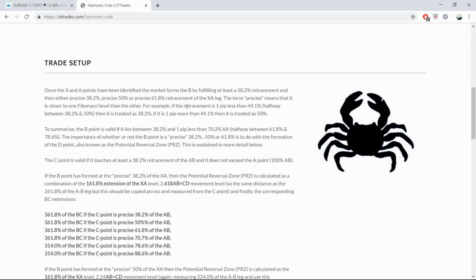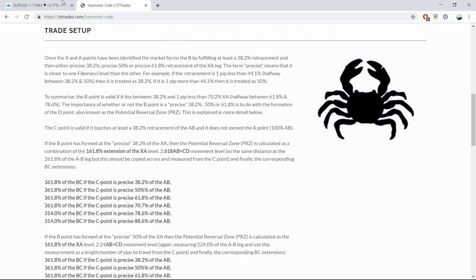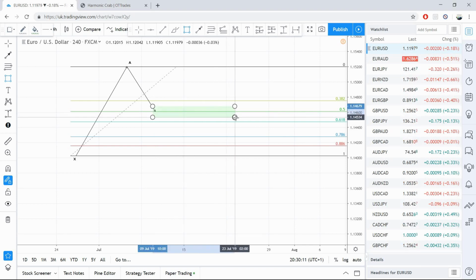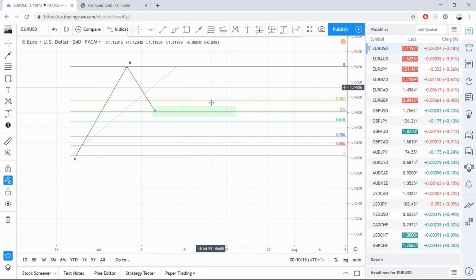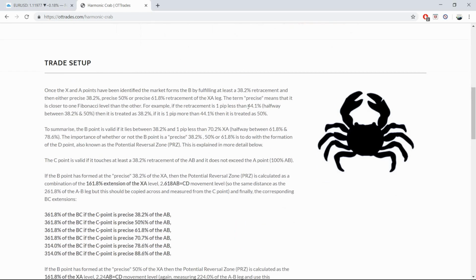So for 50%, we need price to fall within halfway of the 382 and halfway of the 618 here. So price has to fall within this green box here. So halfway between the 382 and 50% level is, it mentions up here, 44.1%.